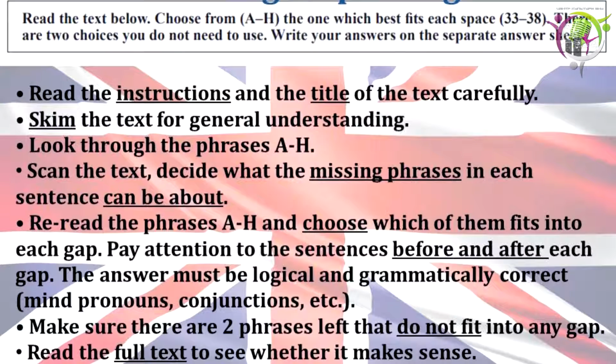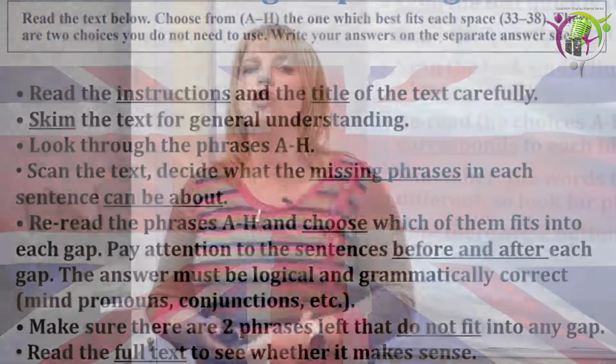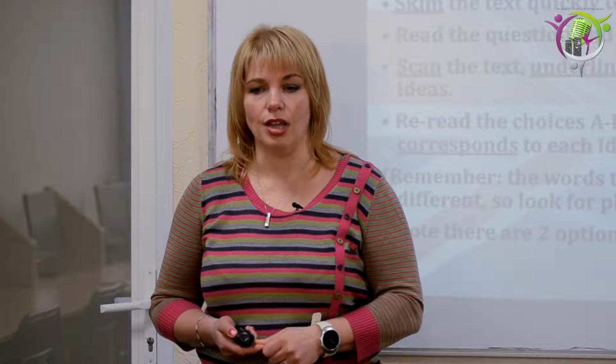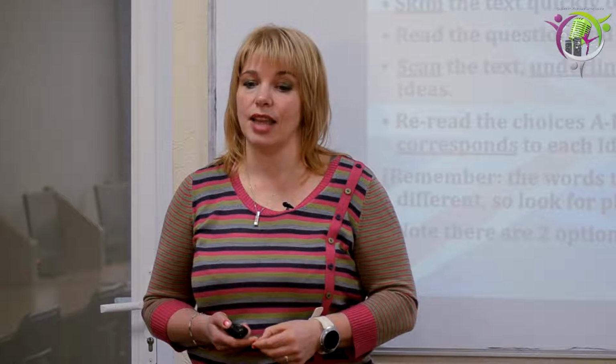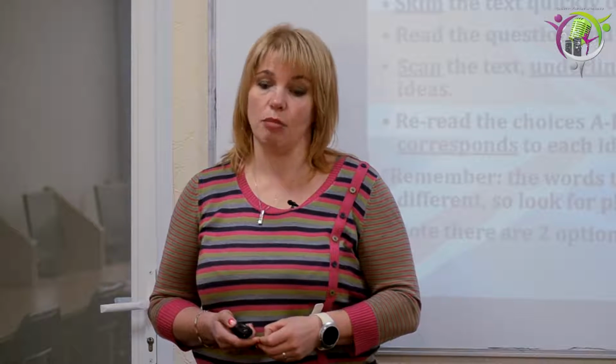I will be repeating it from part to part, but this is essential. This is important. Then skim the text, just as with the previous task. Skim the text for general understanding. Look through the phrases A to H. Then scan the text and decide what the missing phrases in each sentence can be about. After that, reread the phrases from A to H and choose the one which fits into each gap best.